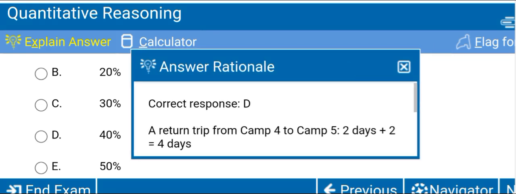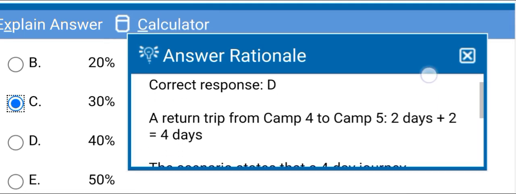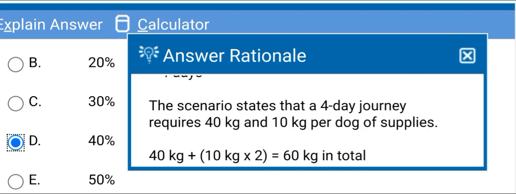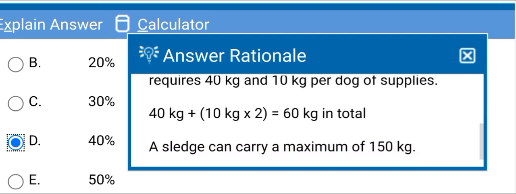So here option D is the correct option. As a return trip from camp 4 to camp 5, it is 2 days plus 2 equals 4 days. The scenario states that a 4-day journey requires 40 kg for the handler and 10 kg per dog of supplies. So 40 kg plus 2 times 10 kg equals 60 kg in total.